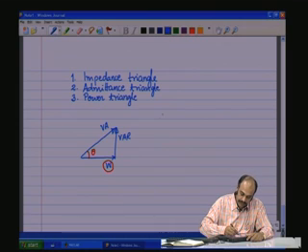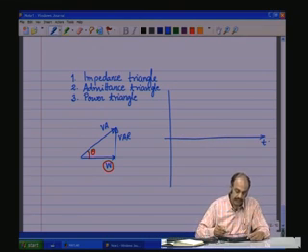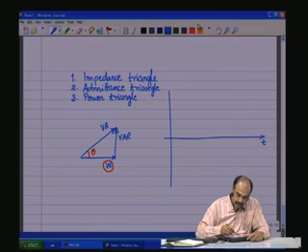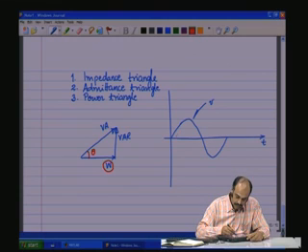Let us say, for example, I have the temporal coordinate system which is like that. Let us have a sine wave, this is the voltage wave. Let us also have the current wave, and let me make the current lagging by some amount.